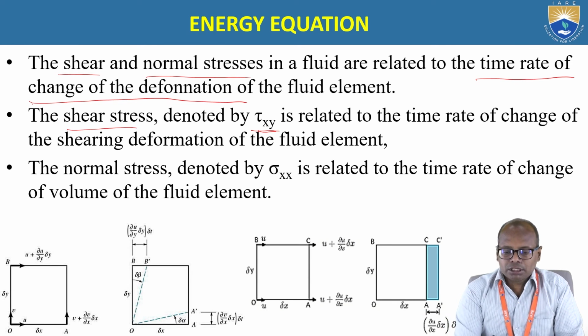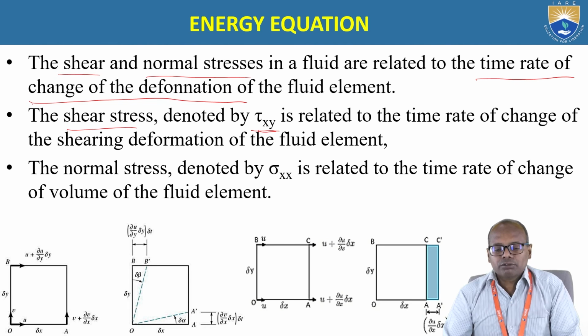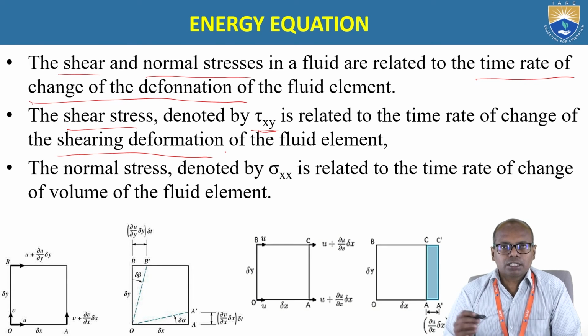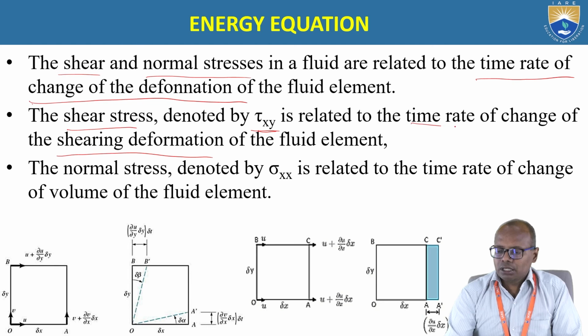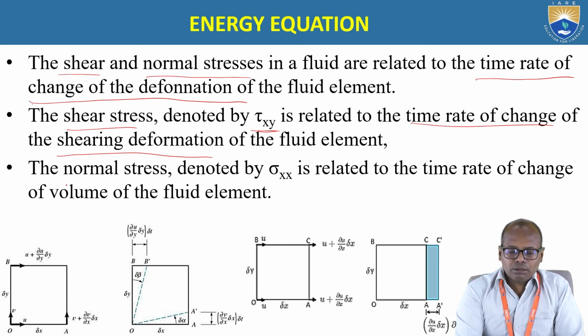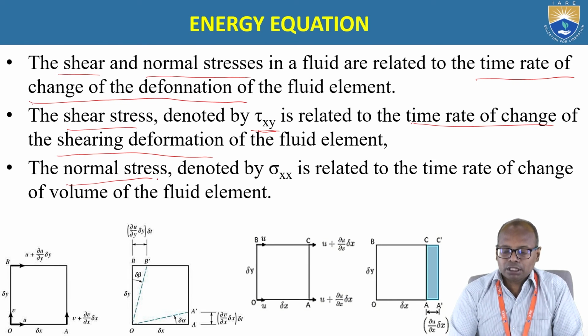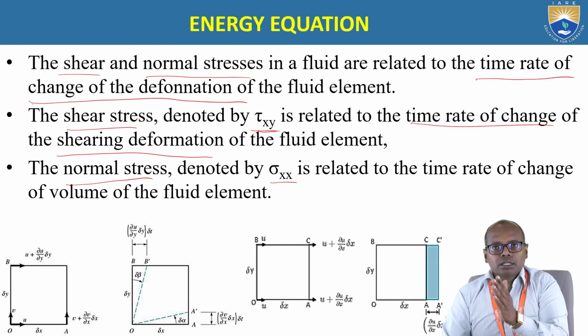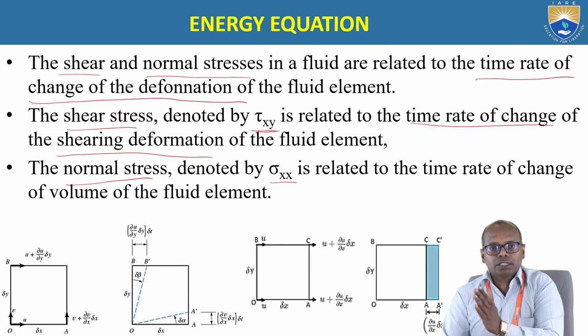The shear stress will give a shearing deformation, and the normal stress is sigma xx. For normal stress you write x both times; it is acting in one direction and varying also in the same direction.